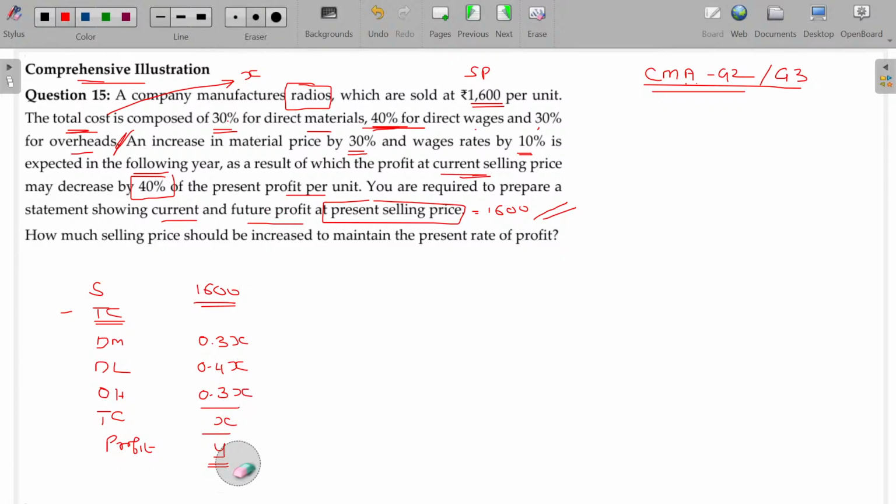You can show this way also, no problem here. That value also will be accepted. In both ways you can show. So I'll go with the solution given in the text. Total cost is x, profit is y. Sales is total cost plus profit. Otherwise, x plus y is equal to 1600.